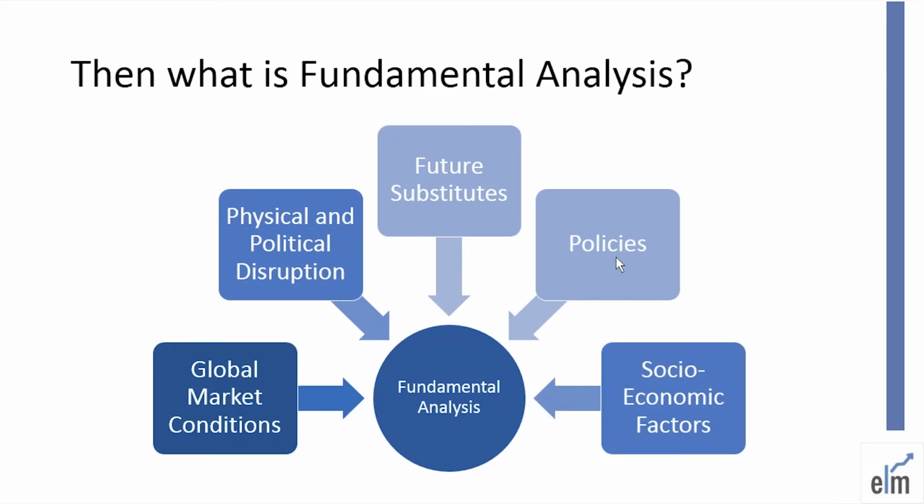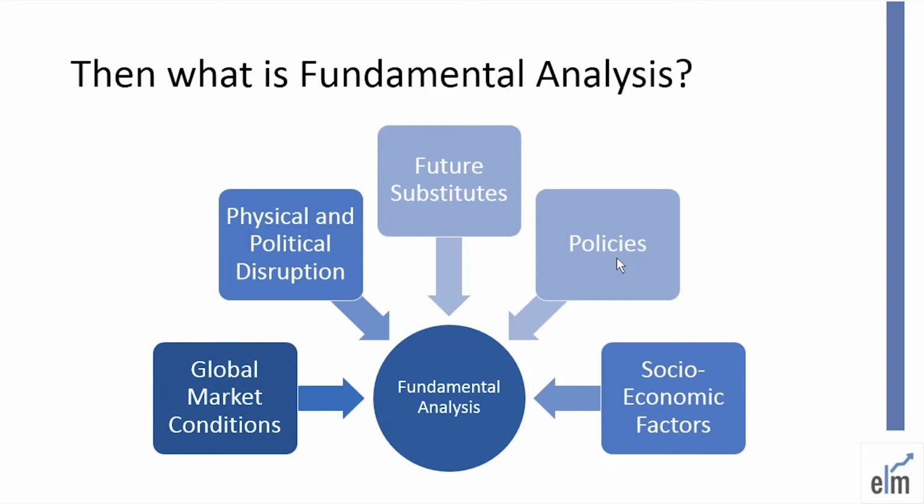Socio-economic factors, how is the society placed? Let's say the Indian society looks at gold as an important metal. So we are an importer of gold. We also use gold as jewelry. So we have a tendency to have a high demand towards gold. So what are the socio-economic factors in that particular country which affect either the demand or the supply of that particular commodity?